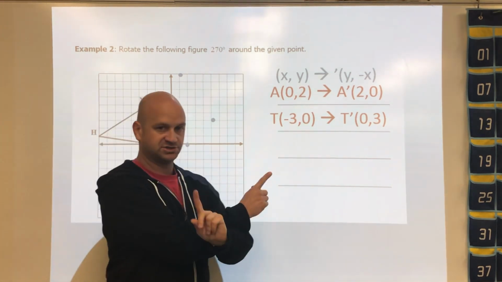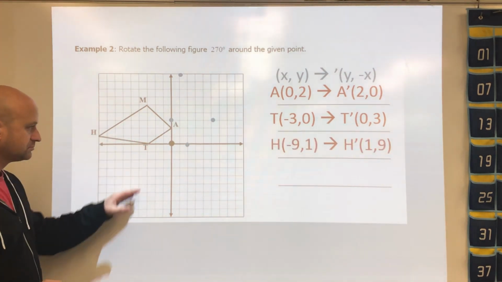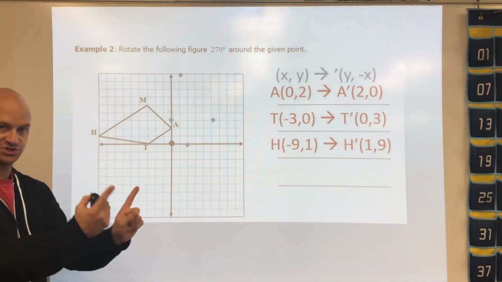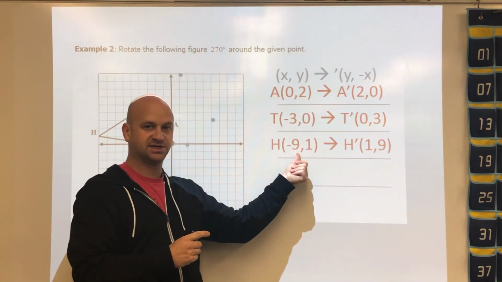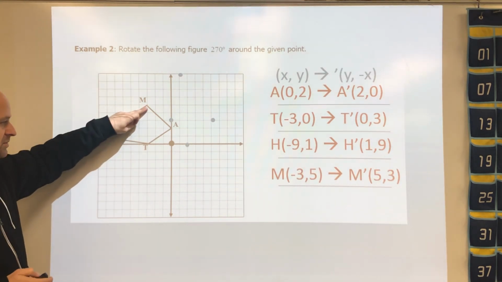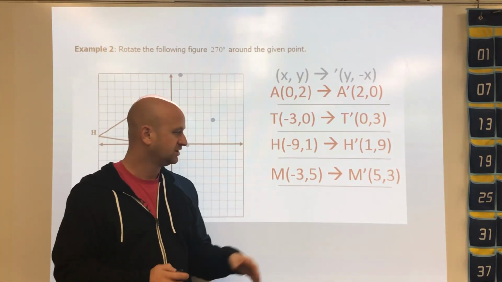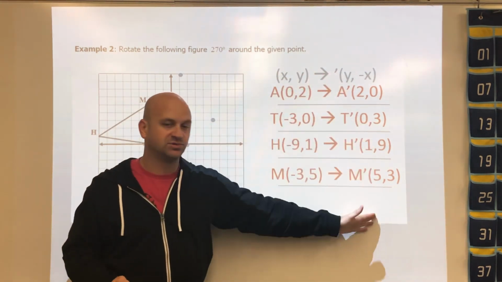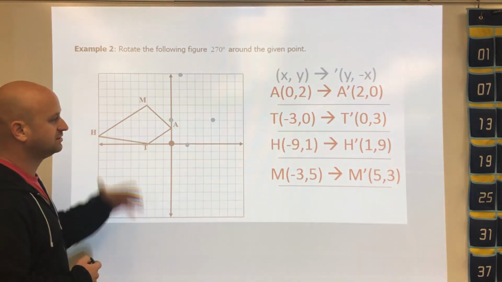We change locations and then change the sign of the x value. For H, we change locations of the coordinates and then change the sign of the x value to make it positive. For M, same thing: change locations and then change the x value. Now you have your prime coordinates, and we can graph them.